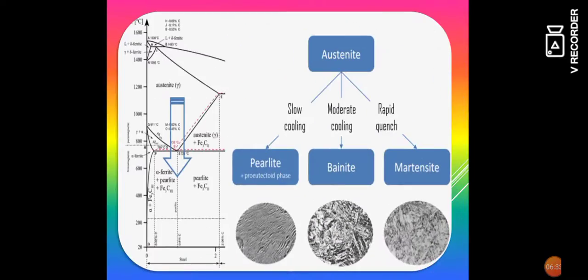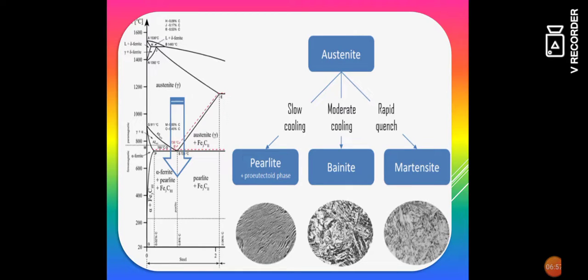Here we see how the austenite is changed into martensite. When the austenite is slowly cooled, it is transformed into pearlite. When it is moderately cooled, it is changed into bainite, and for the rapid cooling process, it is transformed into martensite.